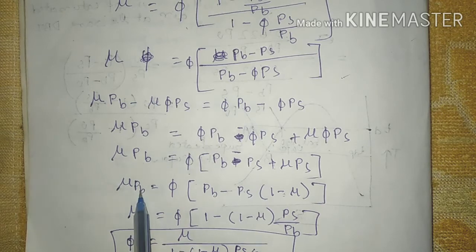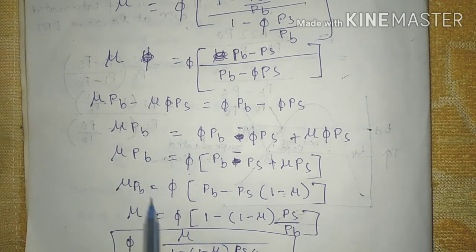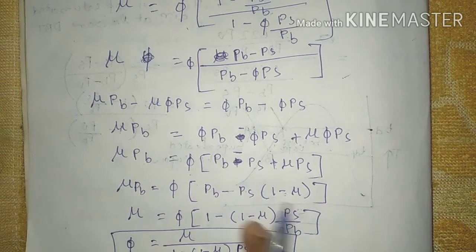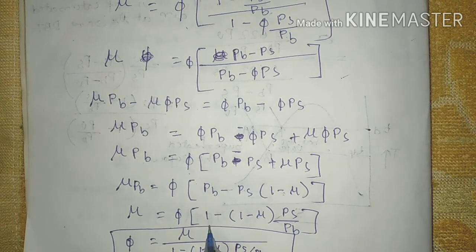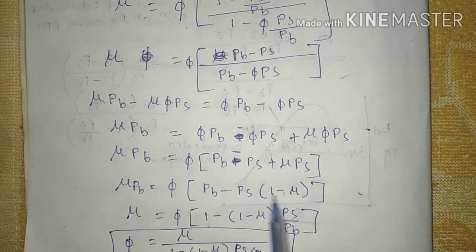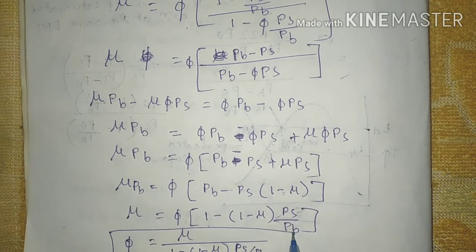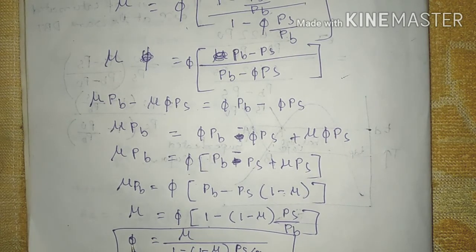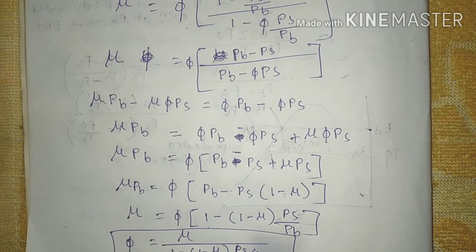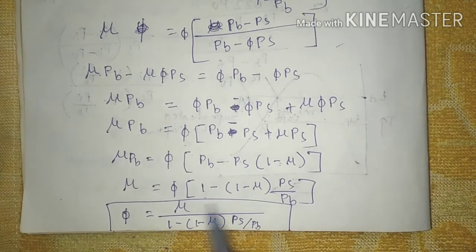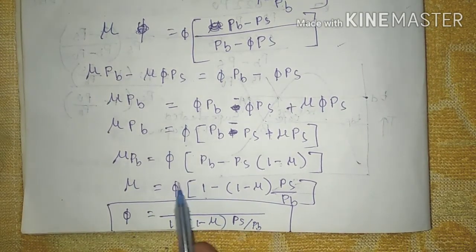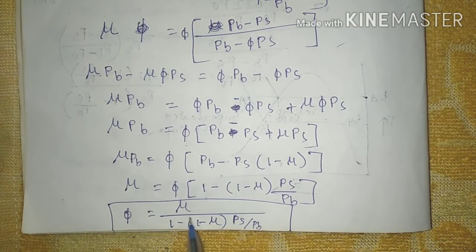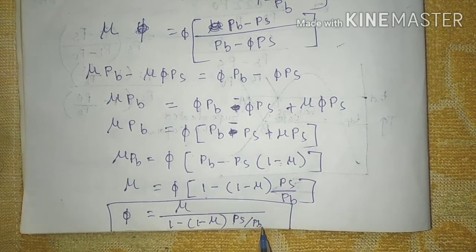Now here it is pv, so if you divide by pv on this side, pv will be cancelled, that's why it's 1. Similarly 1 minus mu into ps by pb. Now phi, that is basically relative humidity, so you can write phi is equal to mu divided by this term in the denominator, 1 minus (1 minus mu) into ps by pb.